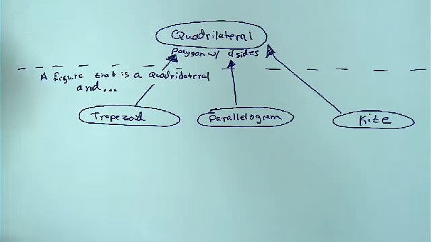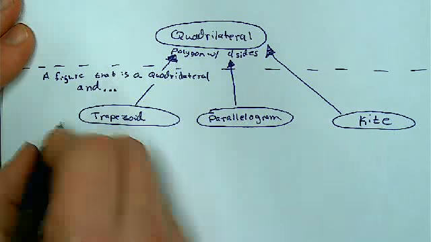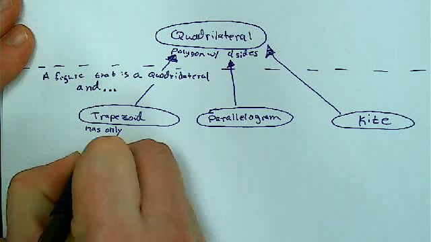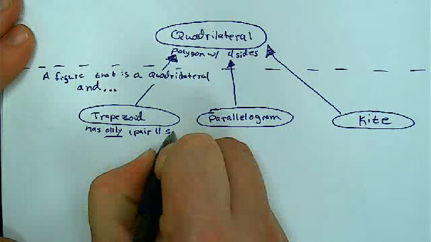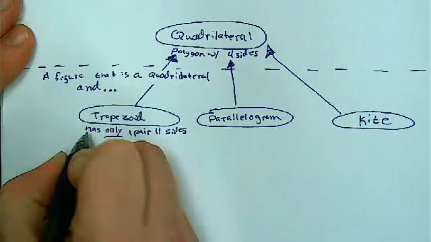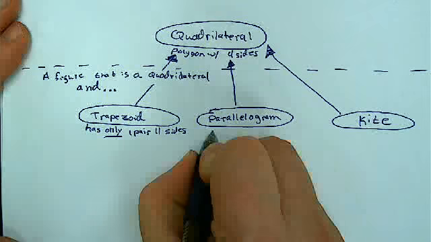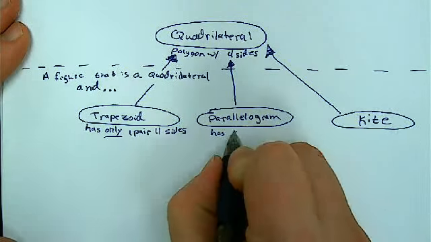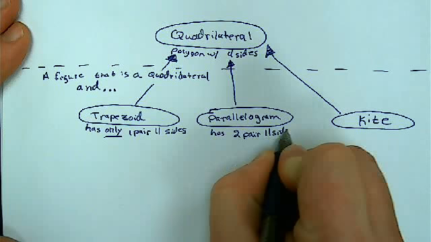Let's get some definitions up here. A trapezoid is a figure that is a quadrilateral and has only 1 pair of parallel sides. A parallelogram is a figure that's a quadrilateral and has 2 pair of parallel sides.